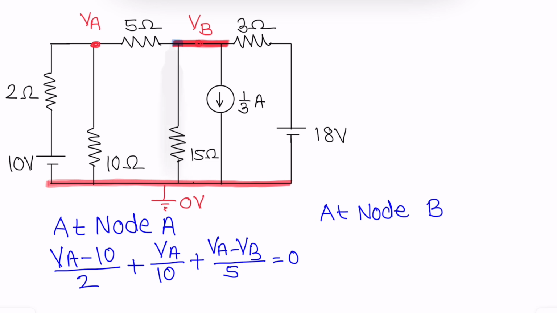Let us write down the equation. First current starting at VB, ending at VA, and the resistance is 5. So the equation is VB minus VA upon 5. Next current starting at VB, ending at 0, and only one resistor, 15 ohms. So the equation is VB minus 0 upon 15.